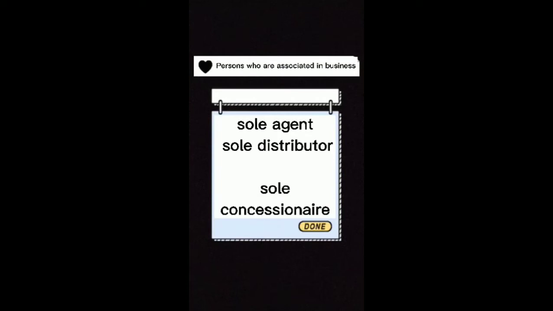Persons who are associated in business with one another in that one is the sole agent, sole distributor, or sole concessionaire, are also related, in any of the cases cited in the preceding paragraph.